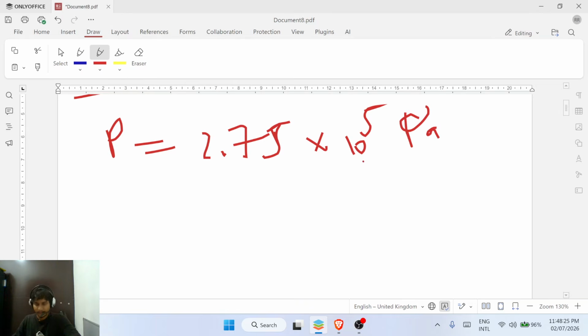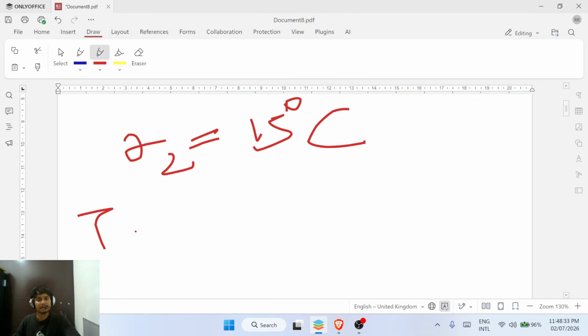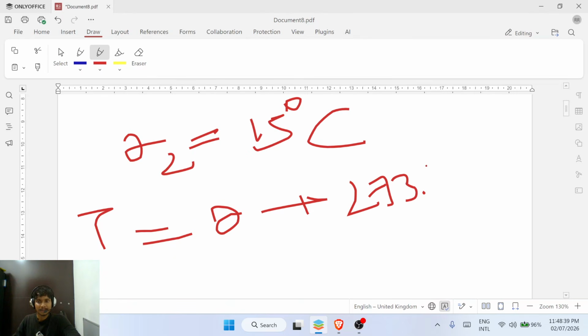Theta 2, they have said that the temperature is now 15 degrees Celsius. Therefore we have to convert to Kelvin. T is equal to theta plus 273.15 Kelvin.